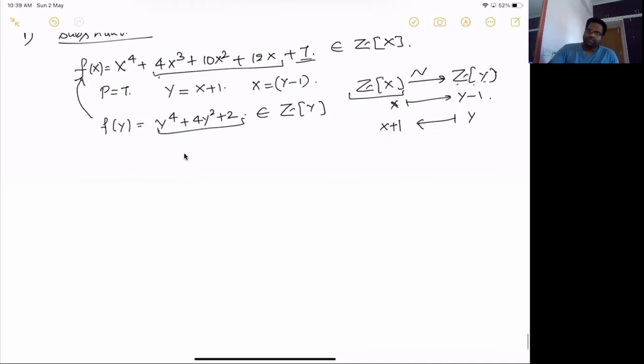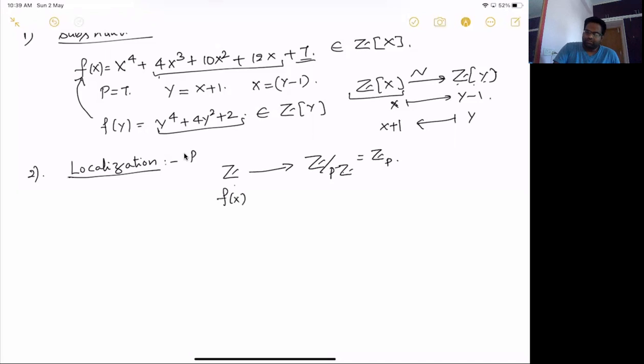Okay. So the second way to do this is by localization, which is very interesting. You consider Z, and the ring homomorphism from Z to Z mod p for a given prime p. Let us simply denote it by Z_p. You take a polynomial f of x and send it to f of x mod p.